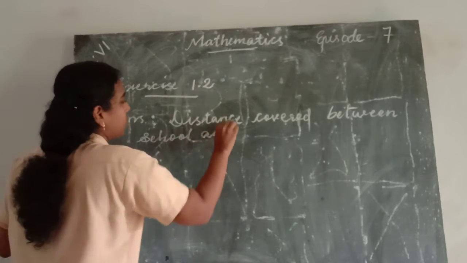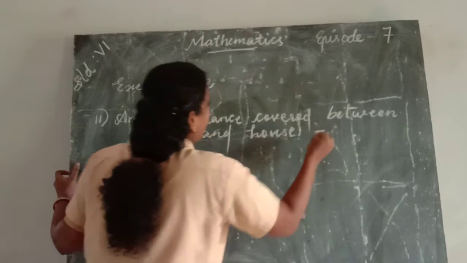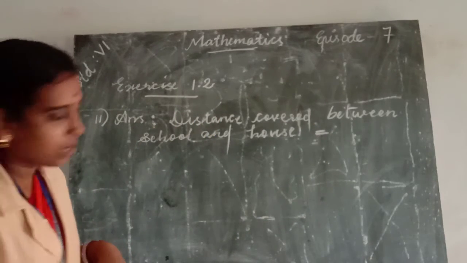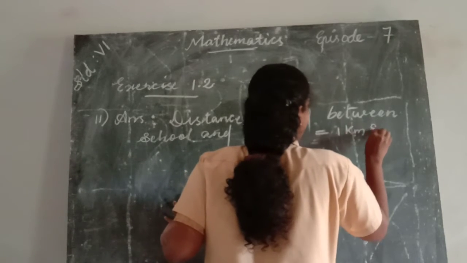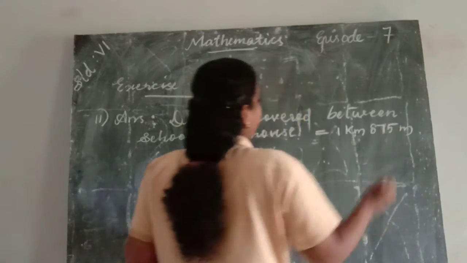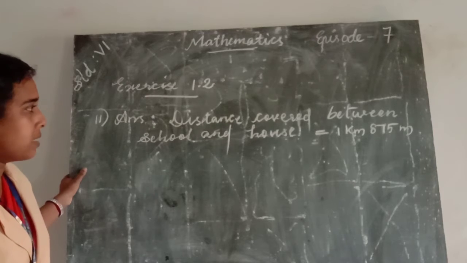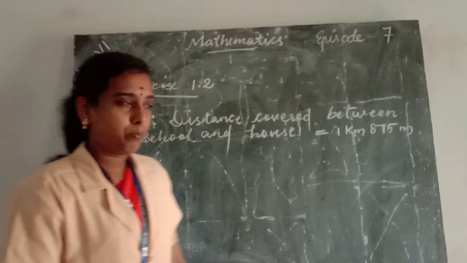How many kilometers? 1 kilometer and 875 meter. And for finding the total distance covered in 6 days, first we want to convert kilometers into meters.